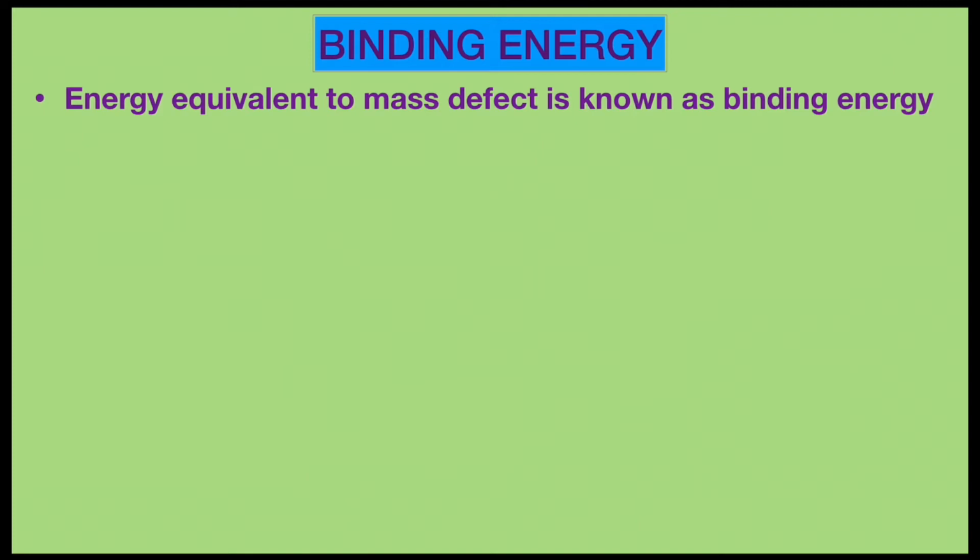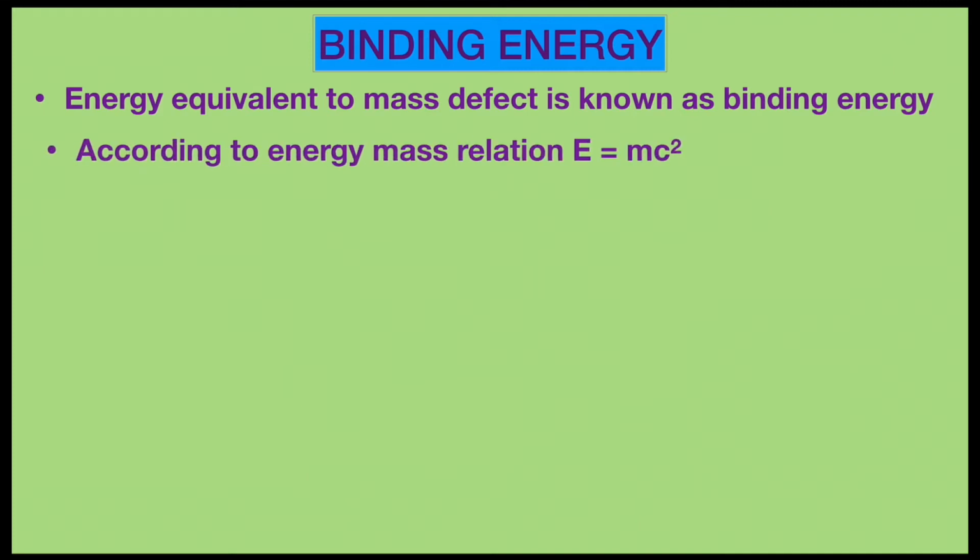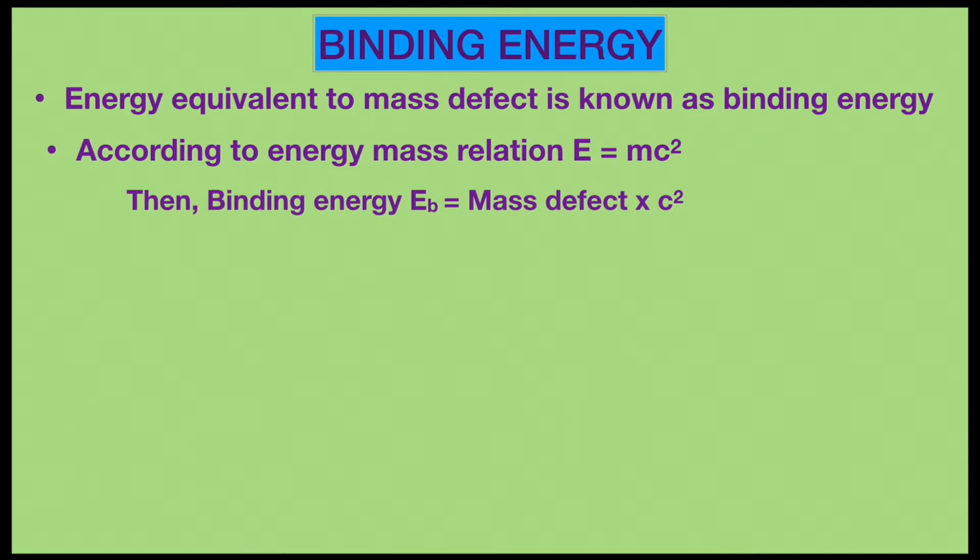To find the binding energy, we will take the help of Einstein's energy-mass relation, that is E is equal to mc square. According to this relation, the binding energy of the nucleus would be mass defect into c square, that is Eb is equal to mass defect into c square.